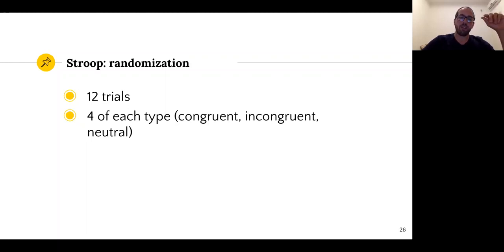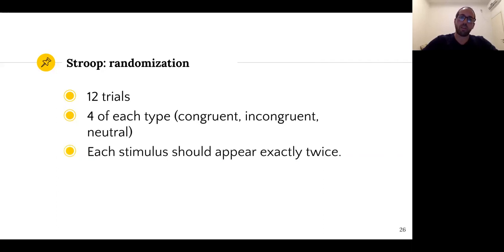So we'll have the word red in red, the word red in blue, and then just XXX in red. So it doesn't have a loading of the word. And we have, I think, two stimuli of each type. So we want an equal number of stimuli of each type appearing.